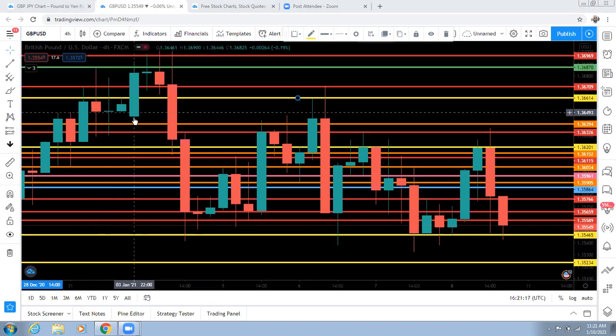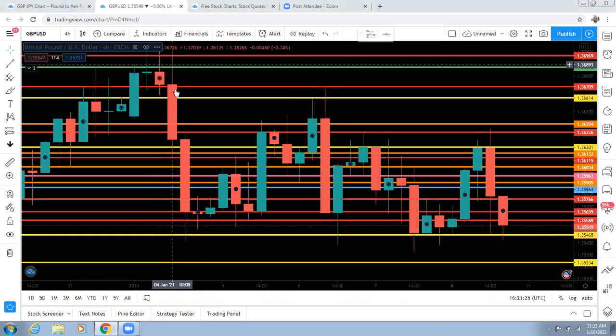It came in here and then took off. Up to this level, we had weakness. We tried to get up here, it rejected. And then here's the sell coming. Do you all see that? And we're on a 4-hour candle. So for 12 hours, it was dropping from this level.